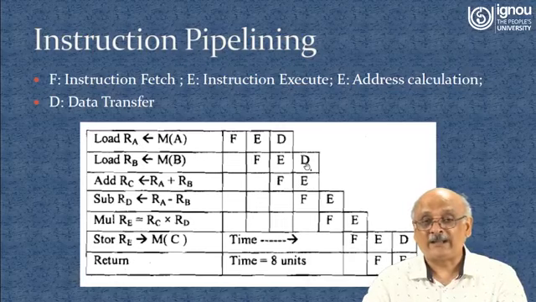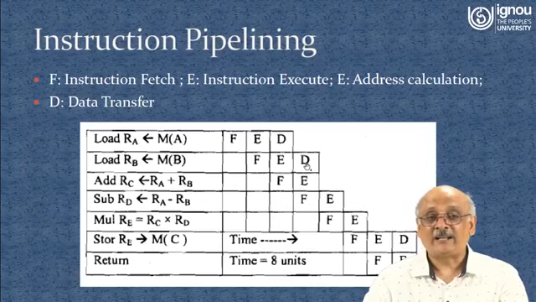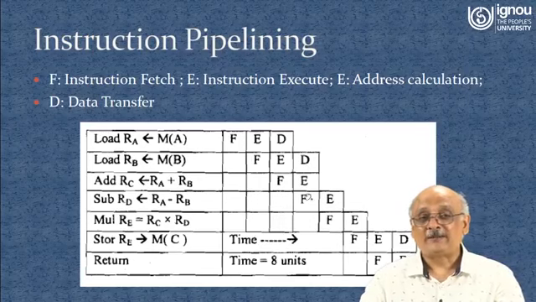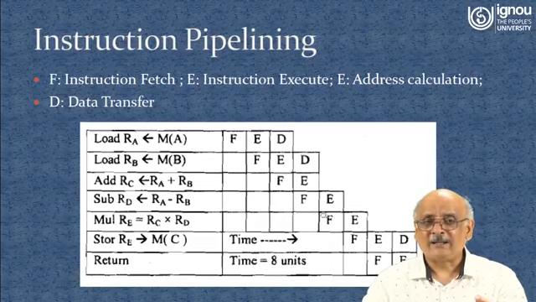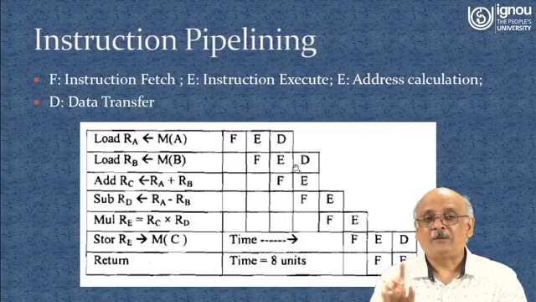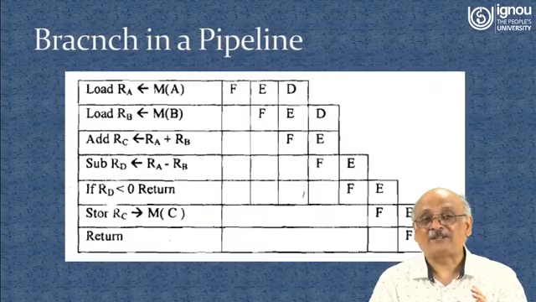We are assuming the data is available as soon as it has been fetched, and then fetch and execute, and then fetch, execute. So you can see in total 8 units of time approximately. It may require 9 sometimes because of data conflicts and so on, but that is immaterial. We are almost getting one instruction per cycle, and that is the essence of RISC pipeline.